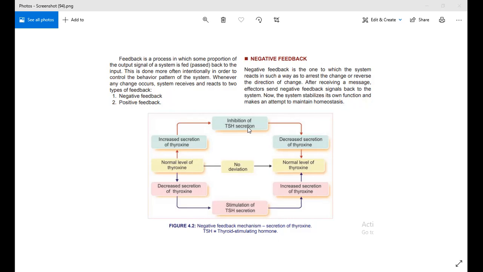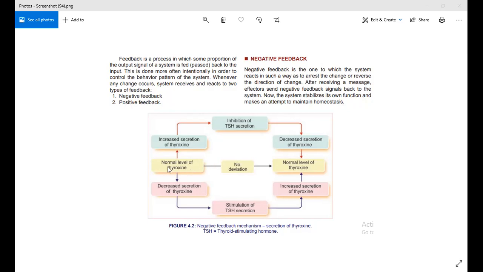That hormone stimulates the thyroid gland to release thyroxine or triiodothyronine. So that is why it is called TSH, thyroid stimulating hormone. So this hormone stimulates the thyroid gland. But let's see the homeostatic mechanism, or the negative feedback, of how the thyroid gland functions.